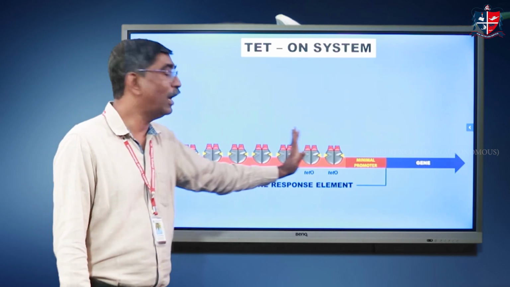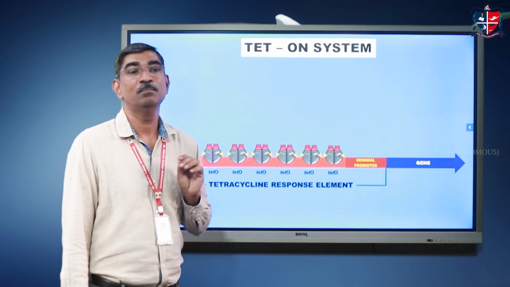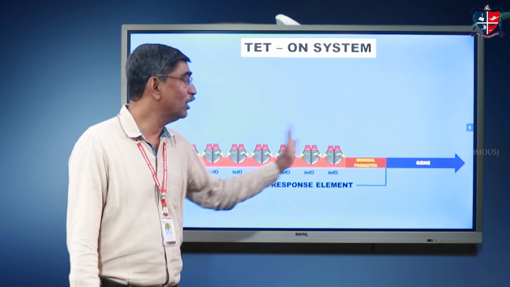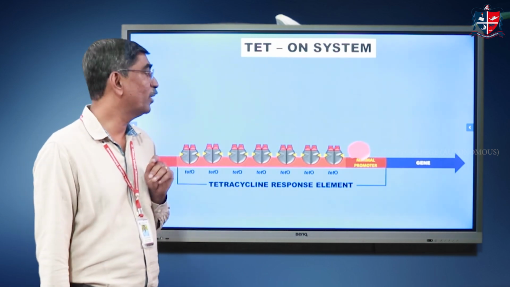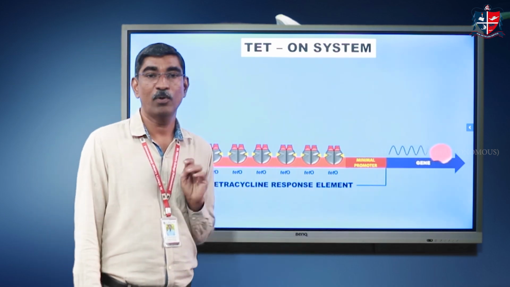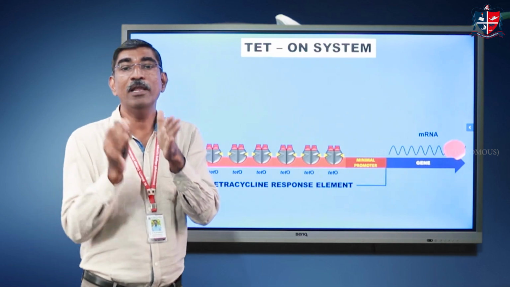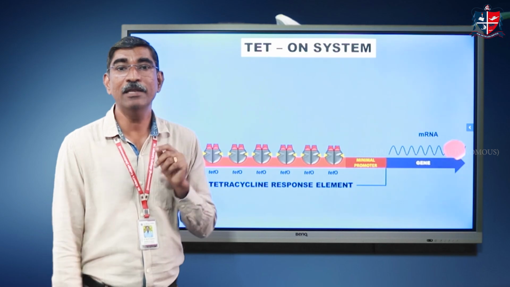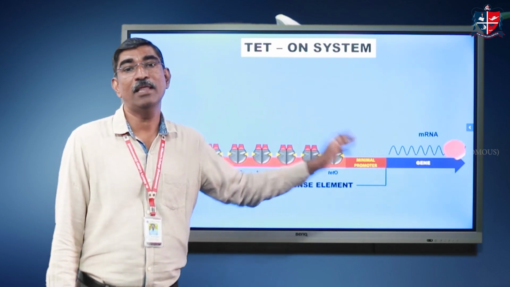Similarly, all other operators are bound with that fusion product. Now the minimal promoter is active, so the RNA polymerase can initiate transcription from the minimal promoter. So that gene was normally in a switched off condition. By providing tetracycline, you can initiate transcription from that gene.